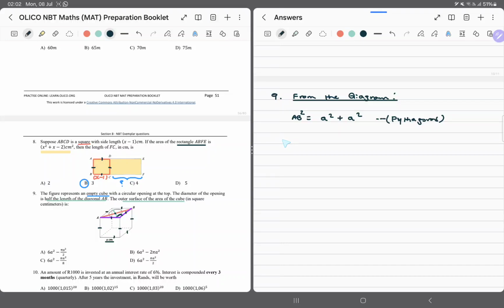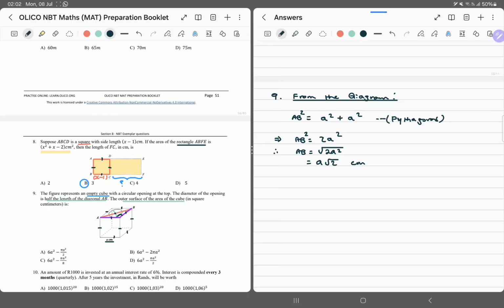So this, therefore, tells me that AB squared is 2A squared, therefore AB is basically the square root of 2A squared, which is A root 2. This is in centimeters.